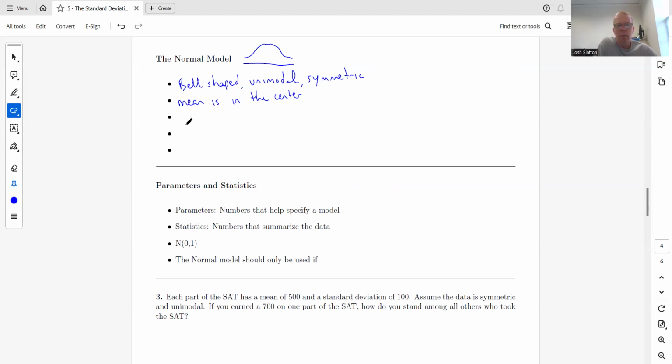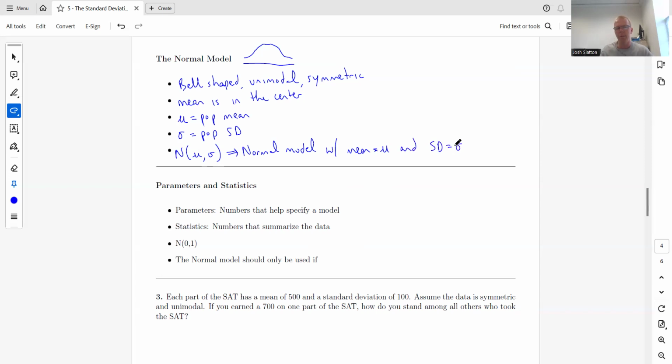We're going to let mu, which we saw in the first video, be the population mean, and sigma be the population standard deviation. If we write this notation, capital N(mu, sigma), this implies a normal model with a mean equal to mu and standard deviation equal to sigma.